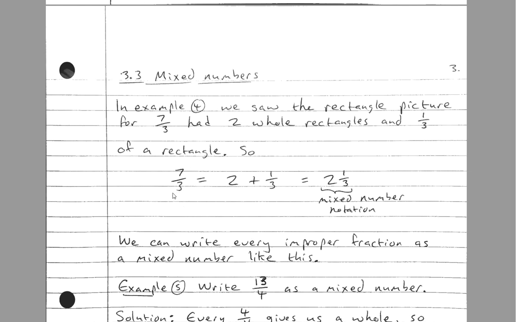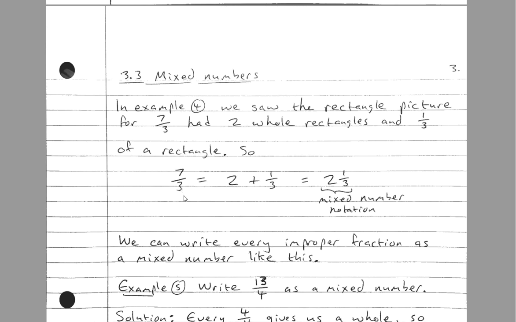And the idea is if you start with any improper fraction, where the top is bigger than or equal to the bottom, then you can always make improper fractions into mixed numbers. Often that's a better way to understand.